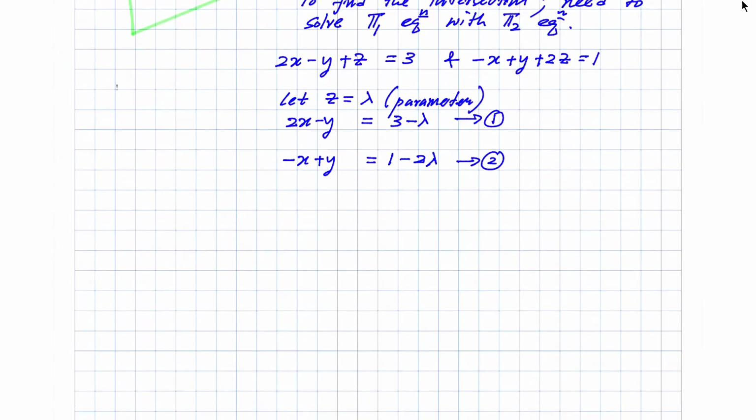Then you can easily add these together. When you add these together, you get x, right? Then you get 4 minus 3 lambda. Then y you can find, that would be 1 minus 2 lambda plus 4 minus 3 lambda, so that would be 5 minus 5 lambda.